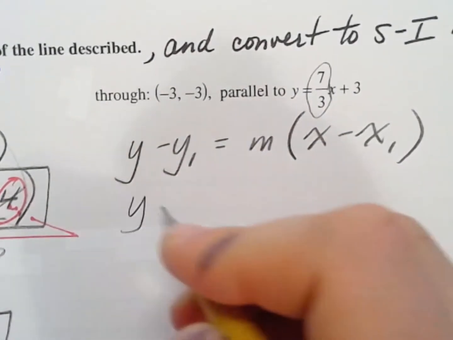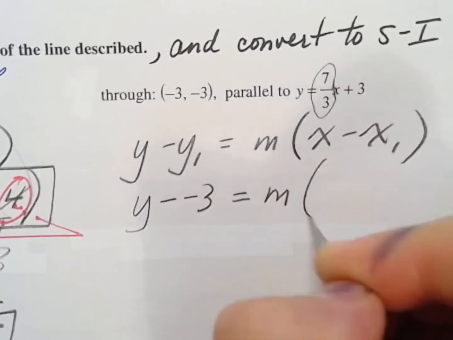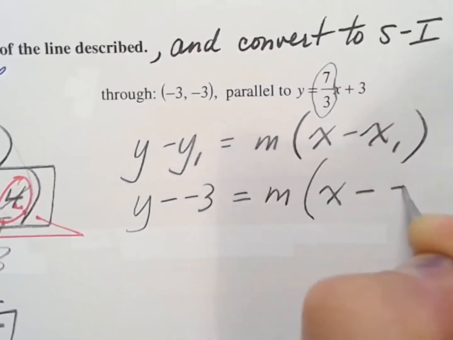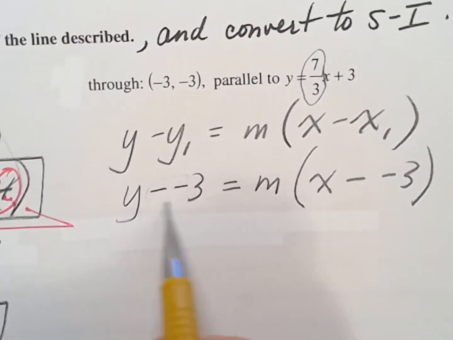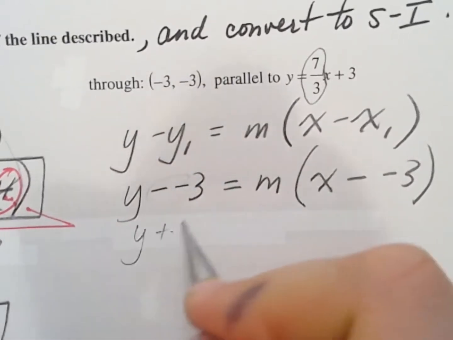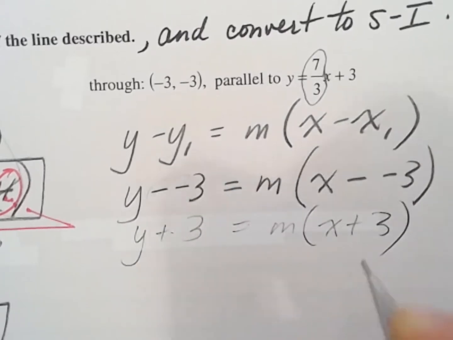Well, it becomes y minus a -3 equals m times x minus a -3. Of course, my double negative, I'm writing this out so that you just see it, but normally I would not even do that. I would just switch it automatically to y plus 3 equals m times x plus 3.